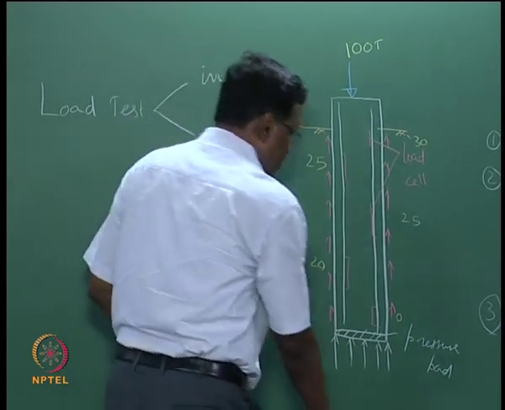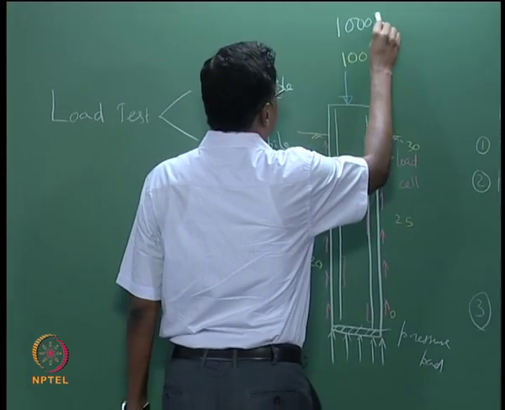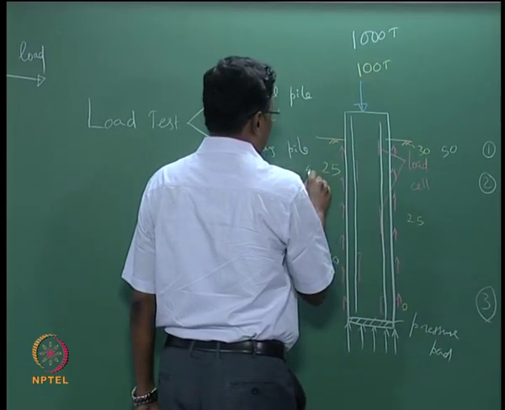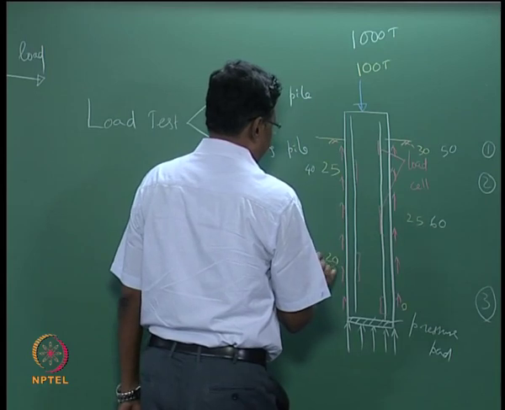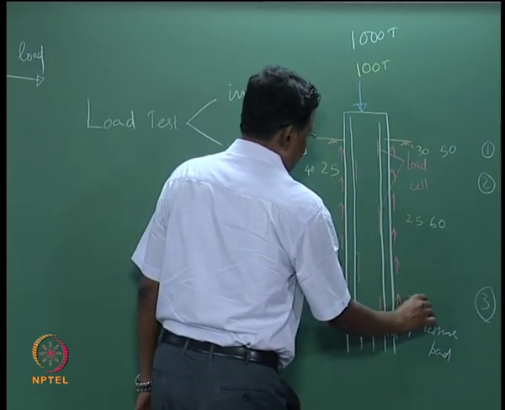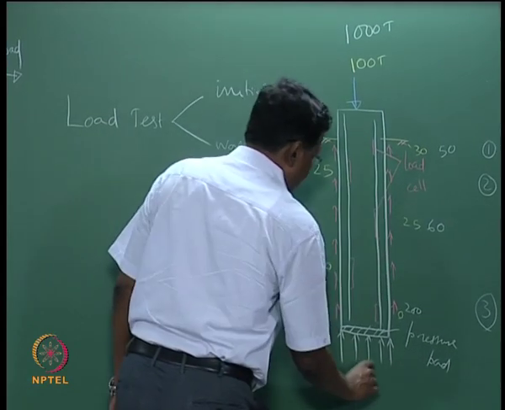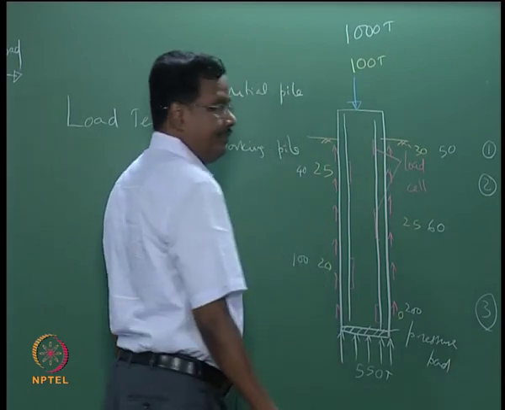But suppose this goes to 1000 tons, let us say at the end it goes to 1000 tons, this may go to 50, this may go to 40, this may go to 60, then 100, 200, 300, 360, 400, 450, and the balance will go to 550 tons.